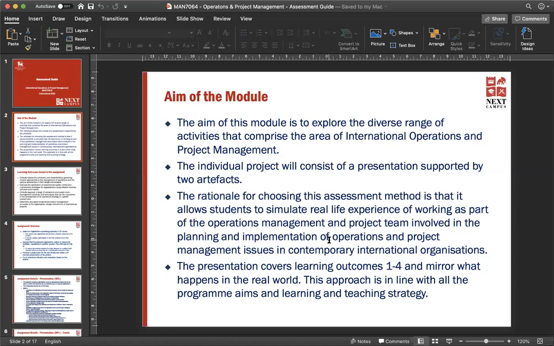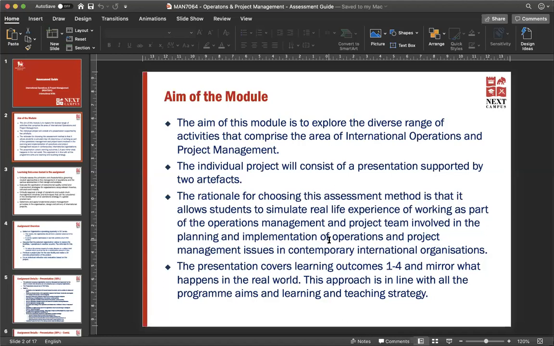I told you at the beginning of the session that this is a 100% practical assessment. So you need to know something about this operation to do justice to this assessment.